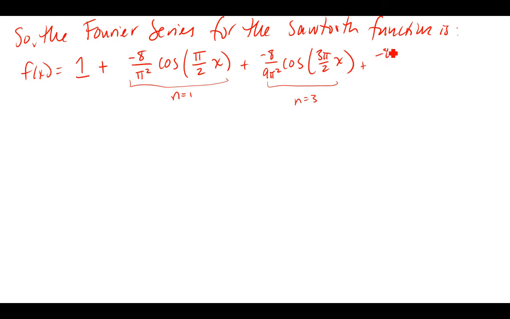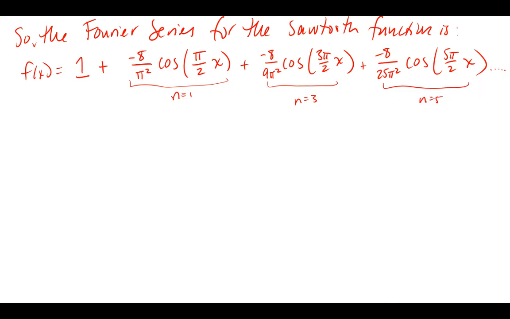Negative 8 over 25 pi squared cosine 5 pi over 2 x. Okay, and now I'll just put some dots at the end there. Stylistically, if having plus, negative drives you crazy, you could switch those to minus signs if you want, but I'll leave them like that so you can see where they came from. And that's the n equals 5 case.